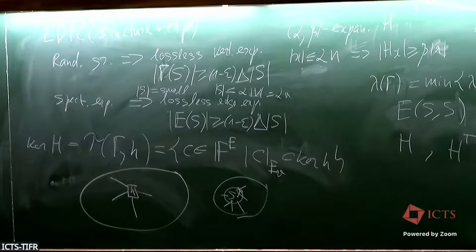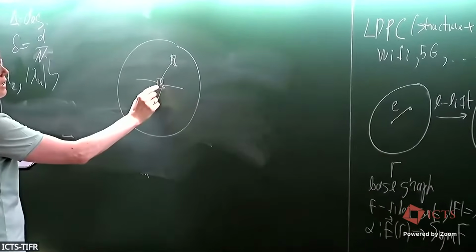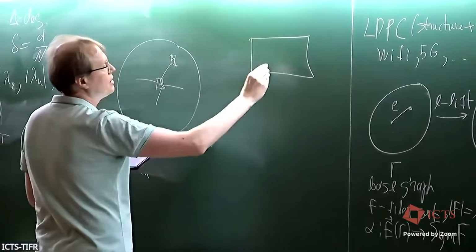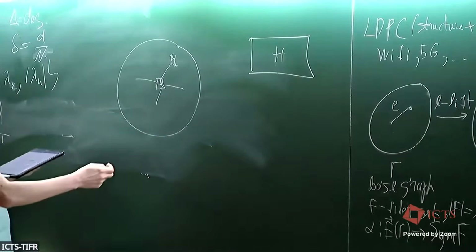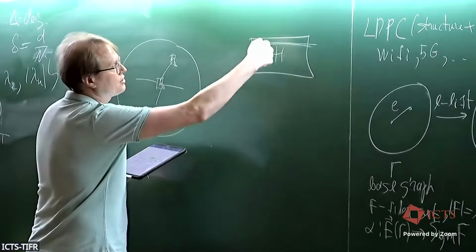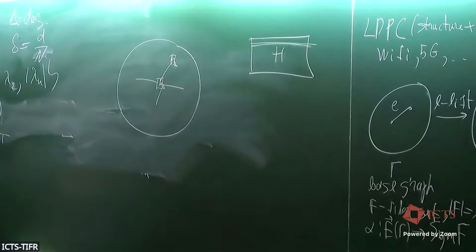We still have the same graph. Since it's the transposed code, this is the transposed parity check matrix of the Tanner graph. So we consider linear combinations of the rows, not of the columns of the matrix.